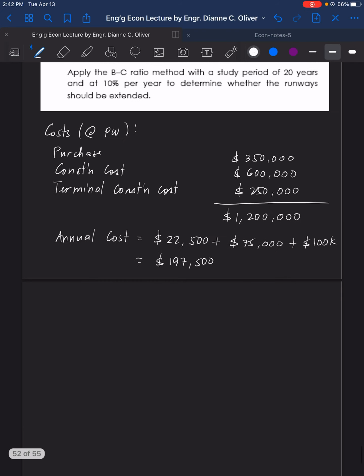And then the present worth for the annual cost, present worth of cost of this one here.